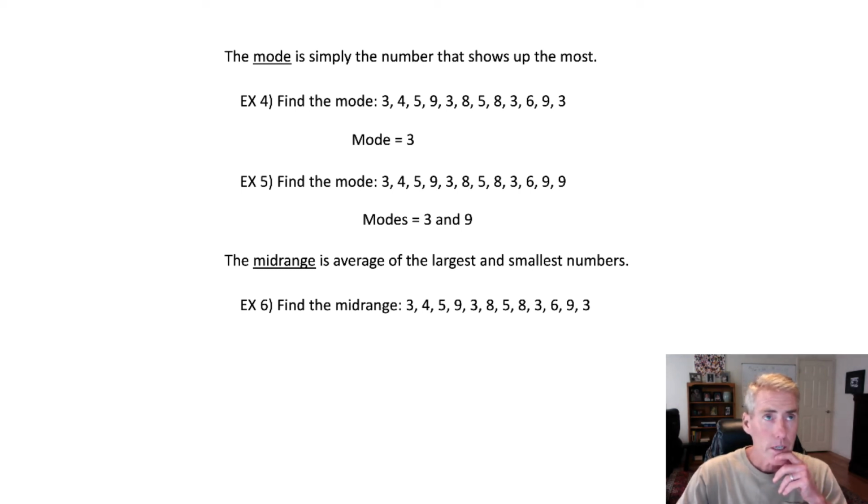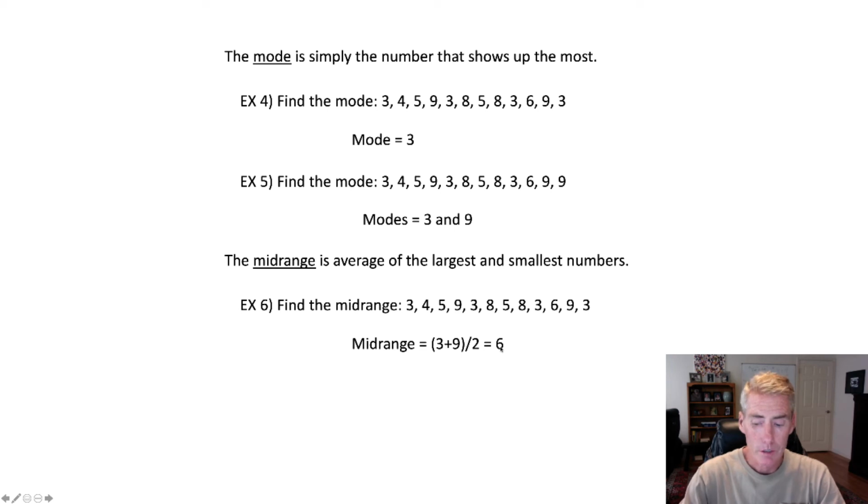Then you could quickly add them: 3 plus 5 is 8, divide by 2. So the middle is 400,000. In this example, the smallest number is 3, the biggest number is 9, add them together, divide by 2, that's the mid-range.